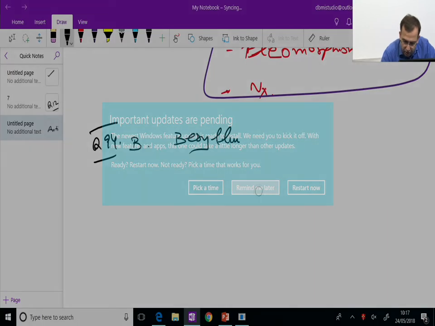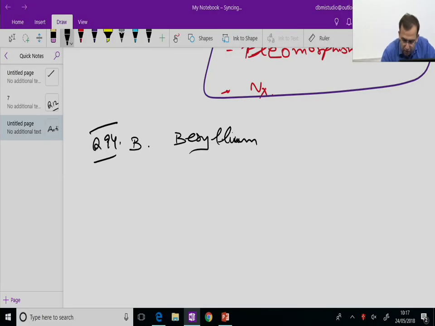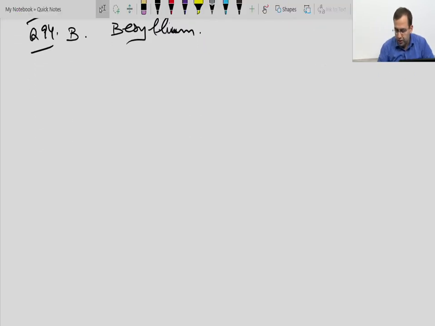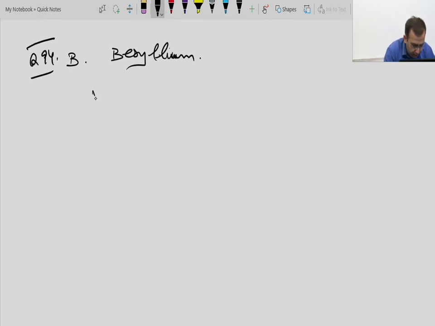This is not a leukemogen, not one which is a carcinogen. So let us make a list of various leukemogens.